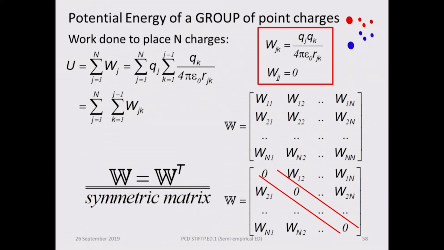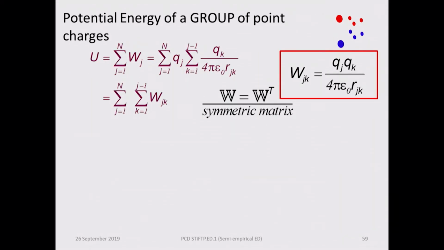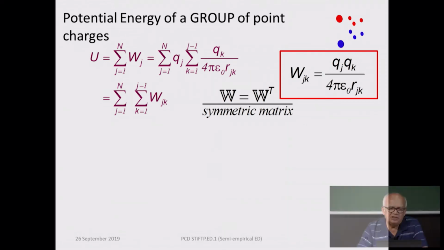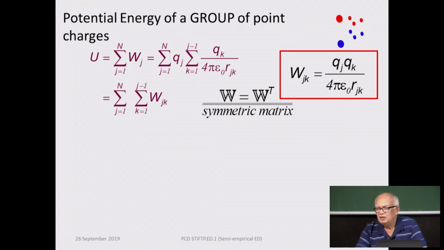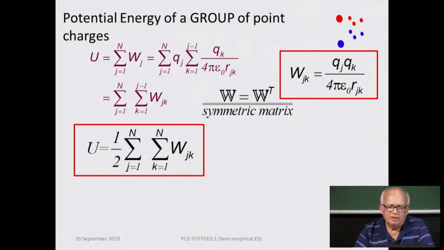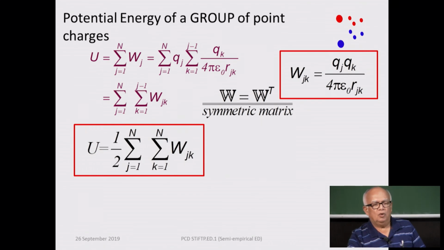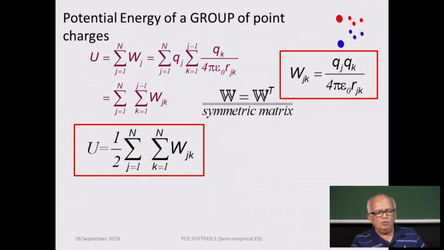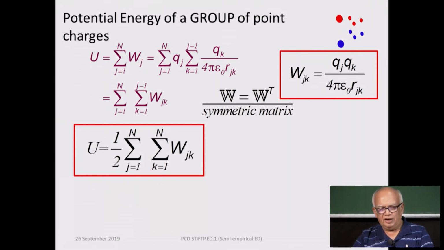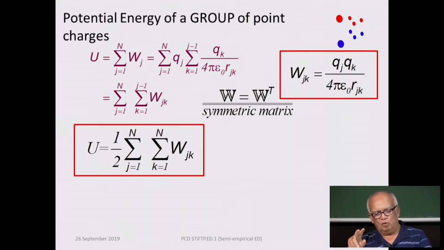So, the transpose is equal to the matrix itself, and you can write the potential energy of the charge distribution by summing up these pairs of work done. So, to avoid double counting, you have a factor of half, and you can let j and k both go from 1 to n, the number of charges.